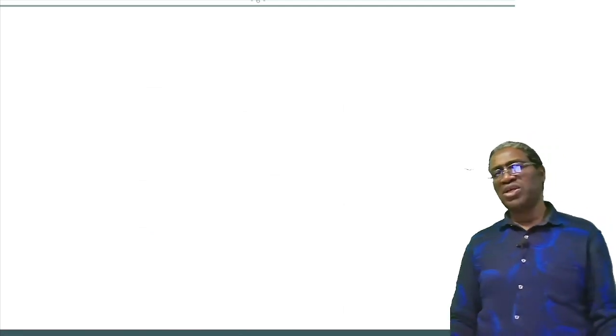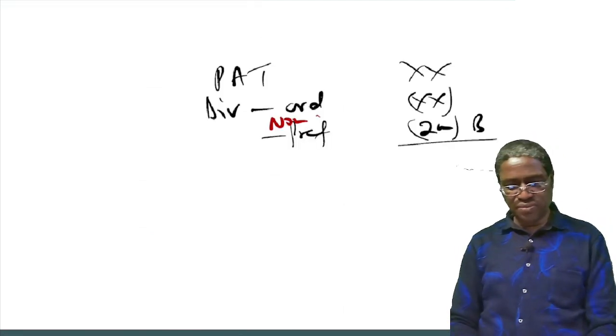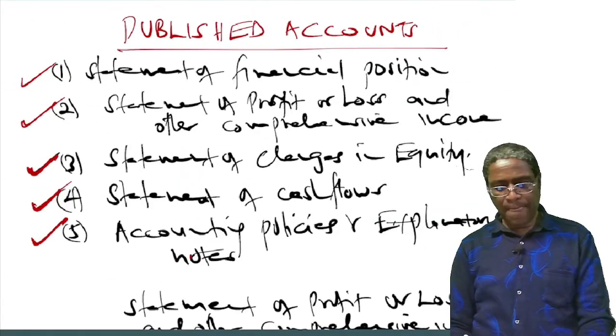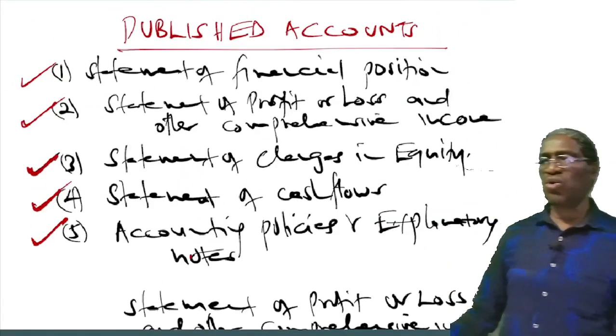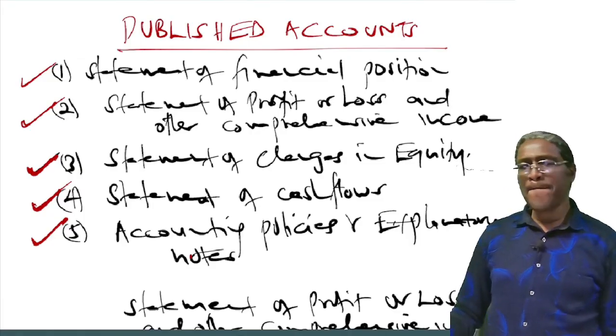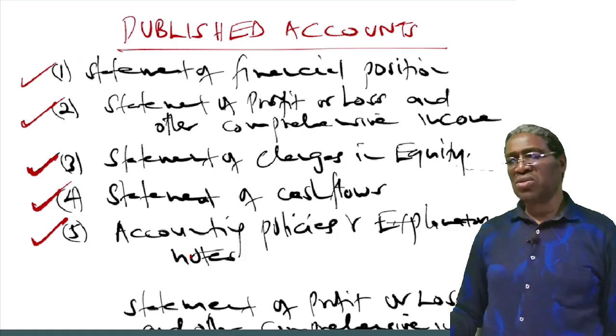So put down the topic called published accounts. Then you say this. We are summarizing the notes now.